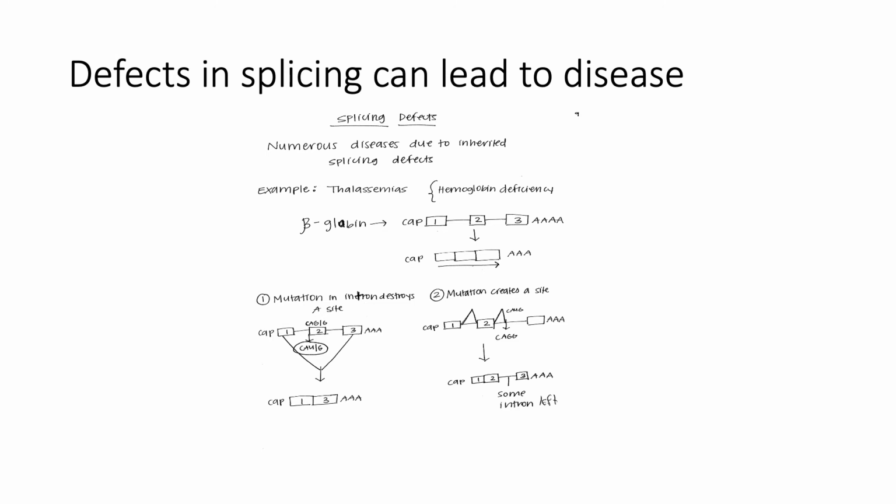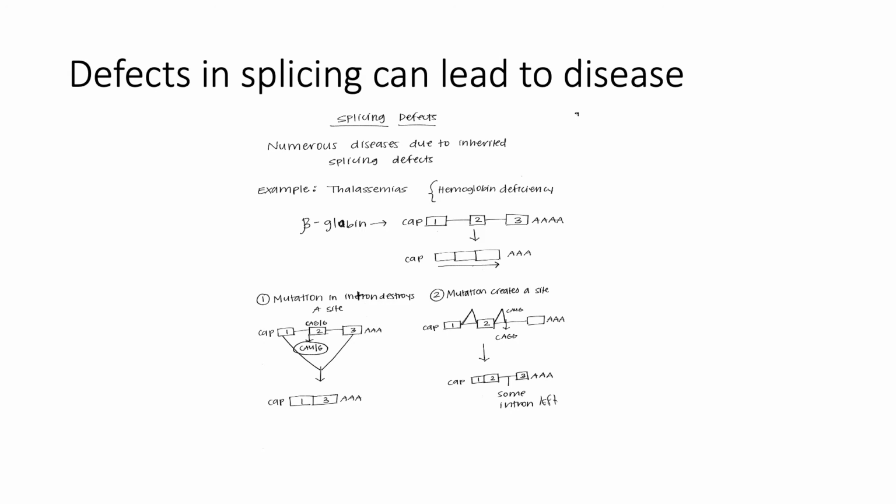And so that means that every single RNA that's made from that gene will undergo defective splicing. And that's why you end up getting that phenotype, showing that disease. Because every messenger RNA, every primary transcript that's transcribed from that gene will have that defect and undergo the incorrect splicing.